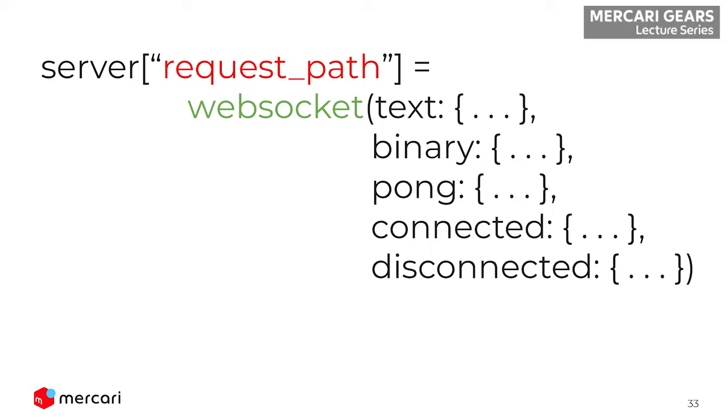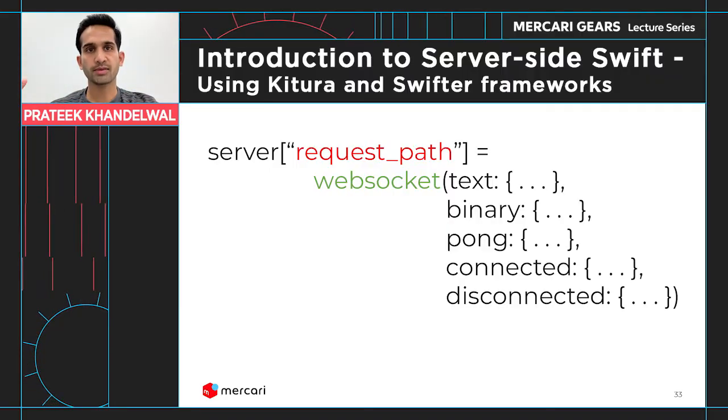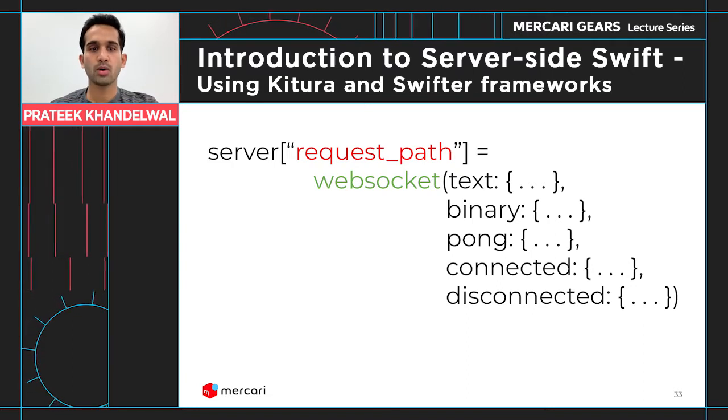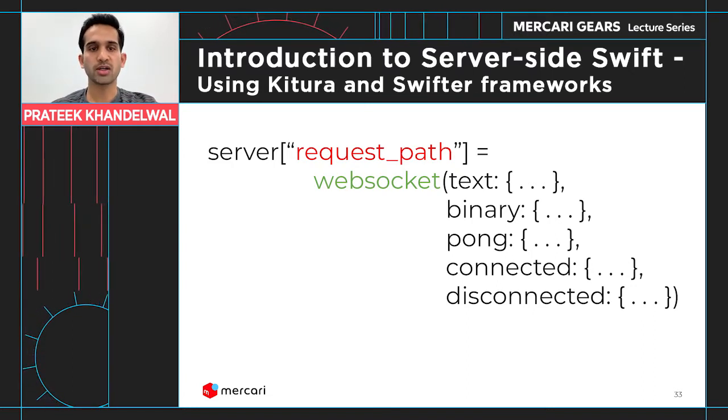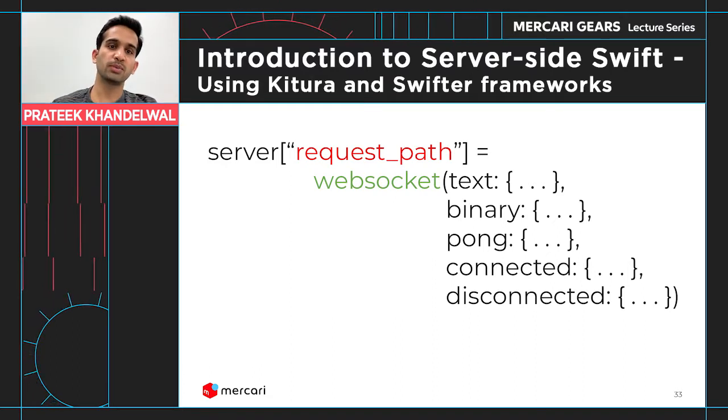We will just assign the closure returned by this WebSocket function to the path where you want to handle the WebSocket connection. Just like we pass a get request closure or post request closure to this server object, we can pass the closure returned by this WebSocket function. This closure will take a parameter of HTTP request and will return an HTTP response. A closure of this type is returned by this WebSocket function, and it can be directly assigned, using subscript notation, to the HTTP server.